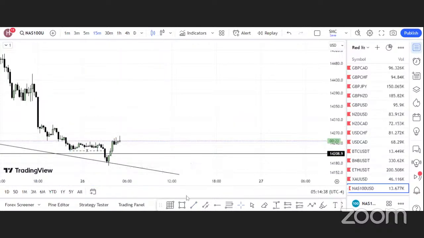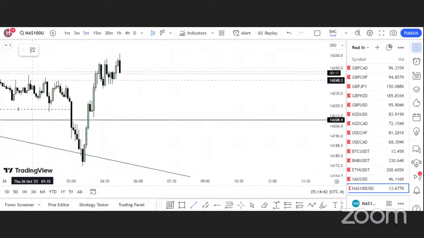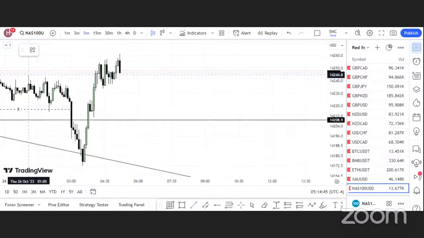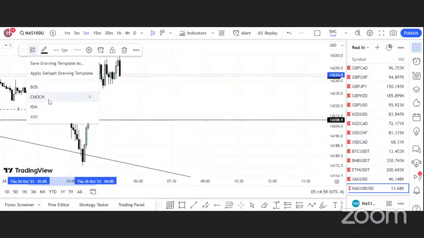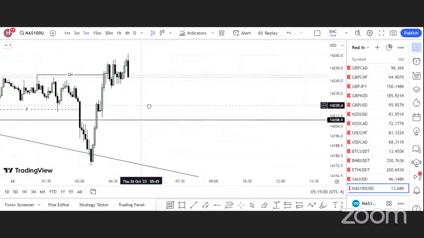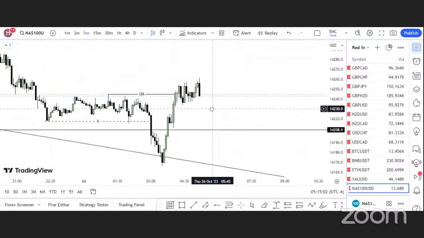Then let's go to the 5 minutes. We have this high taken out. On the higher time frame, we already saw the market giving us a rejection for an uptrend, so we already got a rejection for an uptrend.